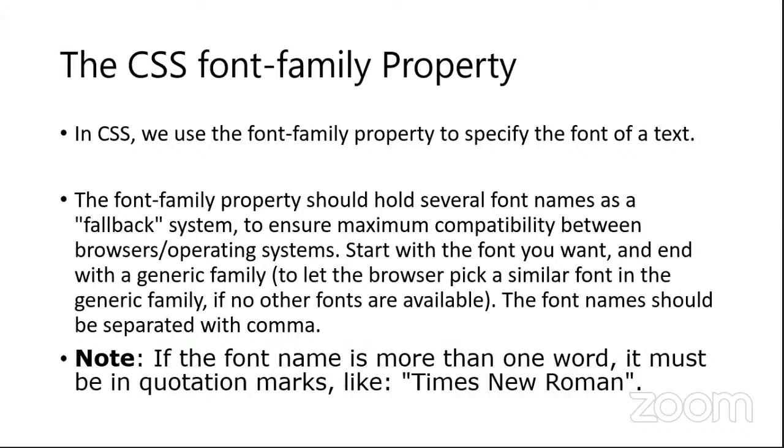The font names should be separated with commas. If a font name is more than one word, it must be in quotation marks, like "Times New Roman". So we should define the font in this way, in double quotation marks. This is an example.